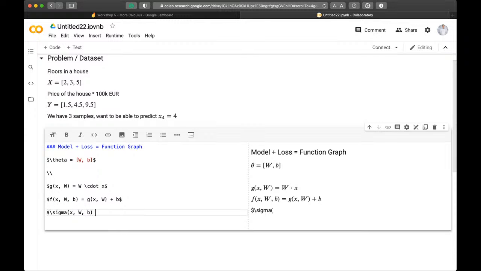I use the names layer and function intermittently, but they're basically the same. So fraction 1 over 1 plus e to the power of minus, basically.